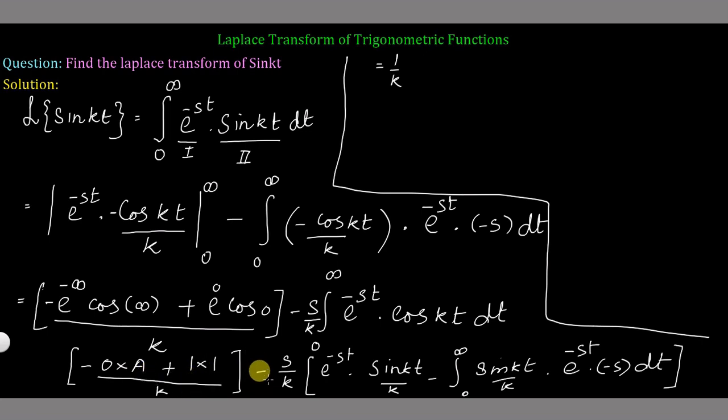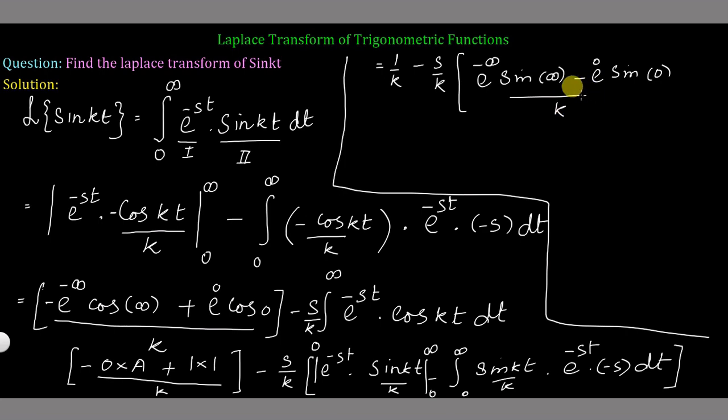If we multiply s over k into the bracket, we have minus s over k, and we have applied the limit 0 to infinity over here as well. After solving this we have minus s over k, and if we apply e raised to the power minus infinity, sine of infinity, and then minus e raised to the power 0, sine of 0, divided by k.